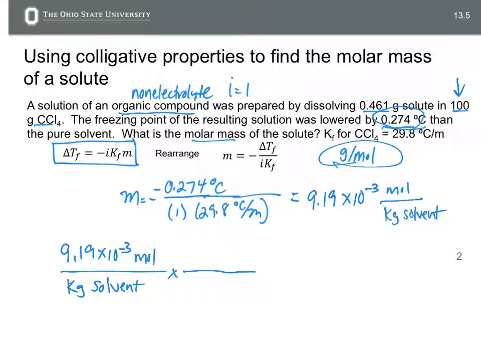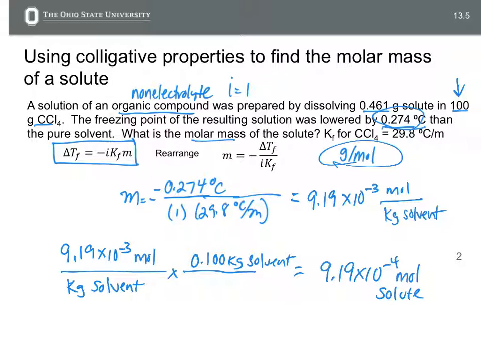And 100 grams of carbon tet is 0.1 kilograms. Which means we have 9.19 times 10 to the minus 4 moles of solute in that solution. Still not what we want. We want grams per mole.